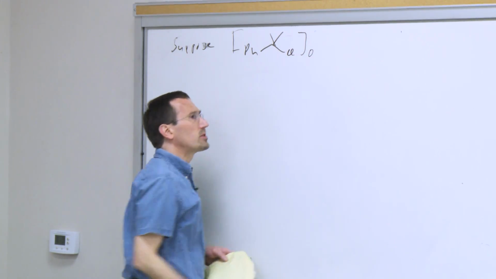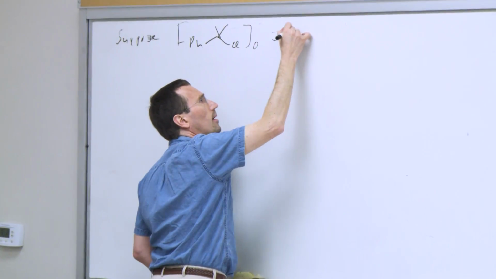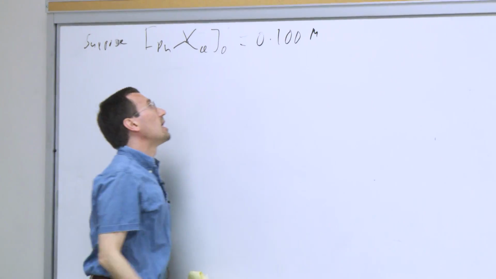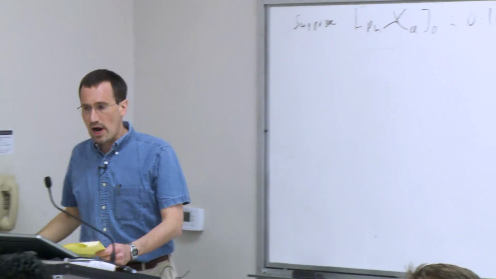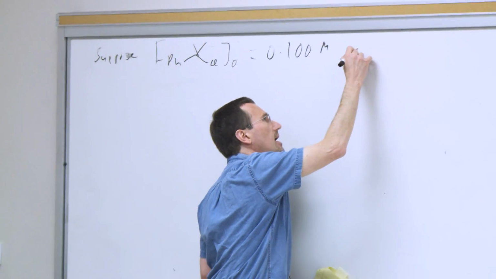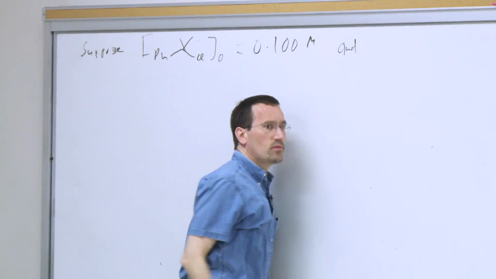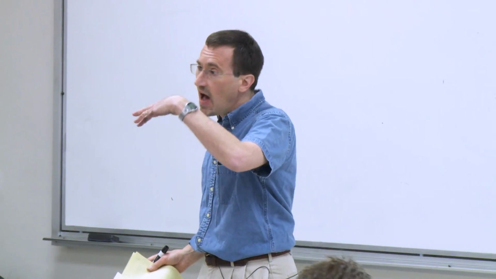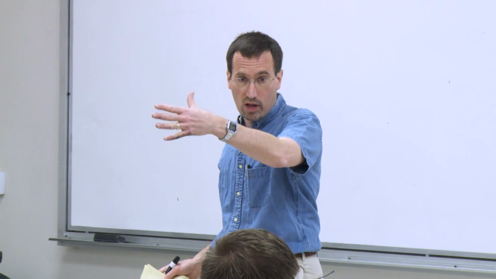So let's suppose that I run this reaction where I use 0.1 molar concentration of our chloride as our initial concentration. And we already said it doesn't really matter how much benzene thiolate we use because it's not going to affect the rate. We want to have enough that it's going to react with all of it.